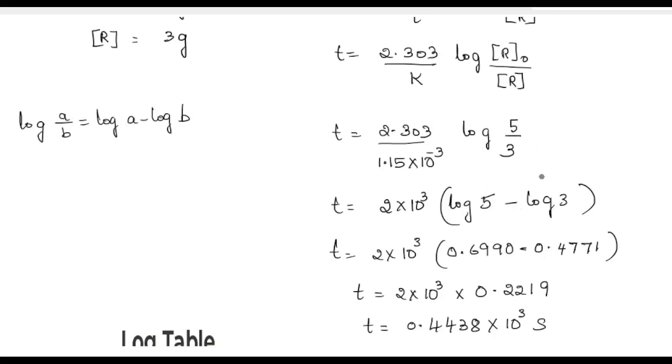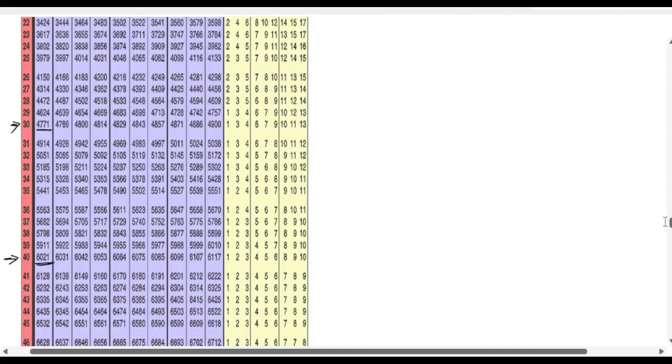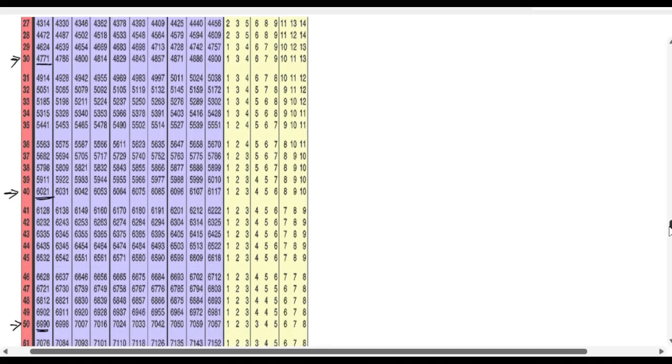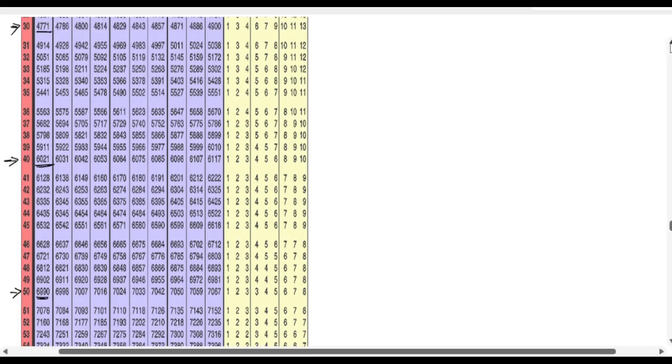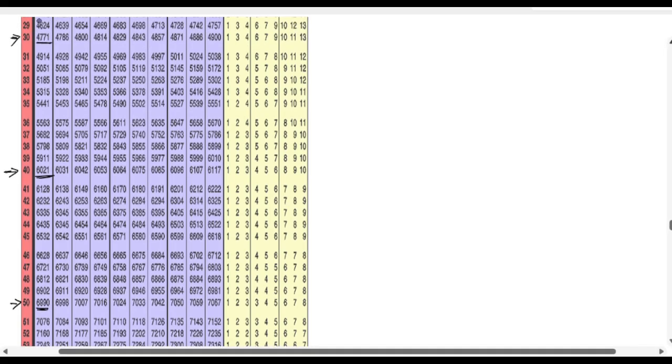Now using the log table, find the value of log 5 and log 3. Log 5 can be taken as log 50, and the log 50 value is 0.6990. Similarly, the value of log 30 is 0.4771.